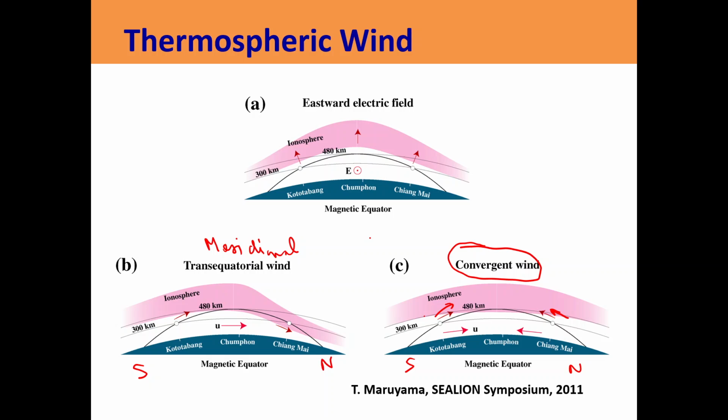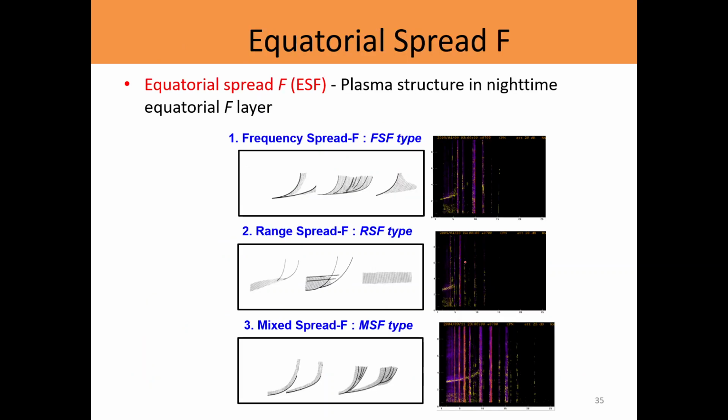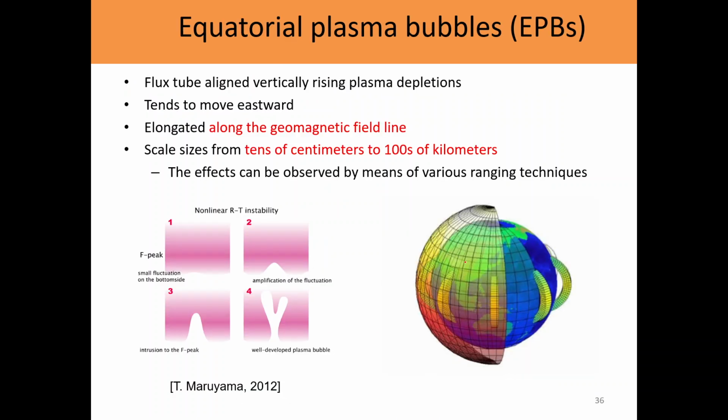One factor that he talks about is the meridional wind. If you have different wind values, it also affects the distribution of these ions. This one I will pass; I will talk about this during a later lecture.